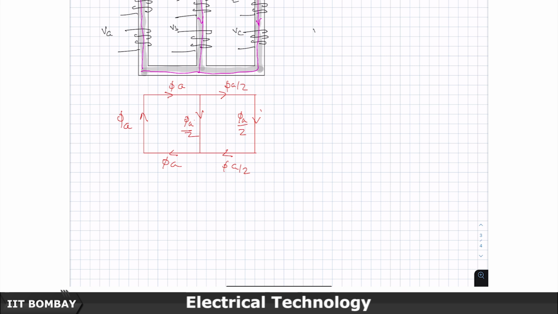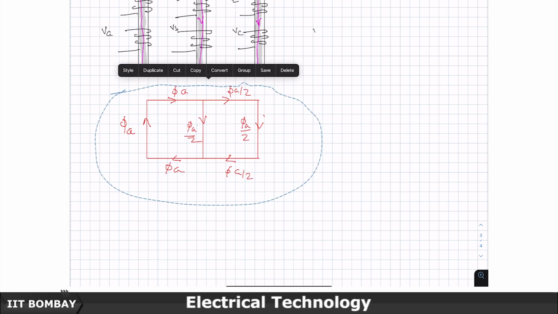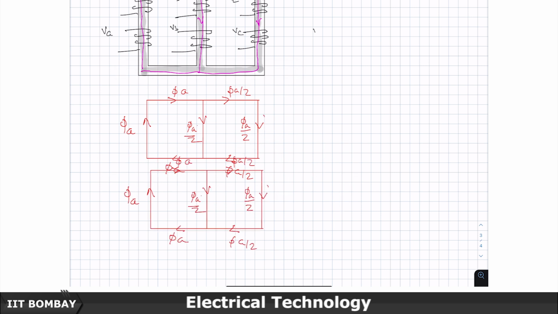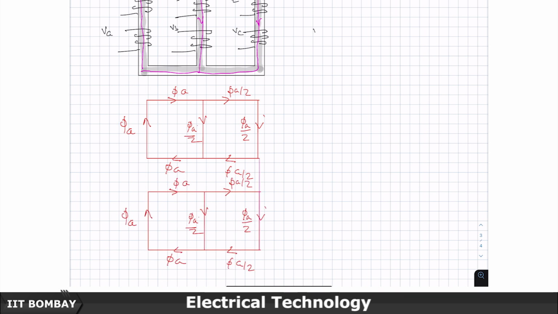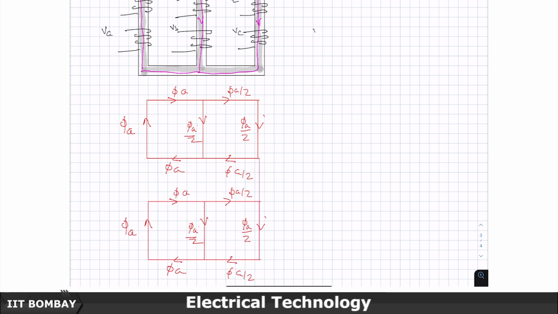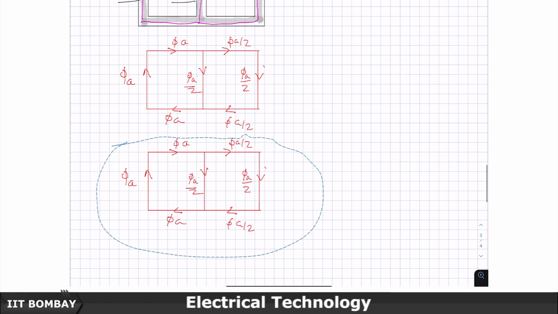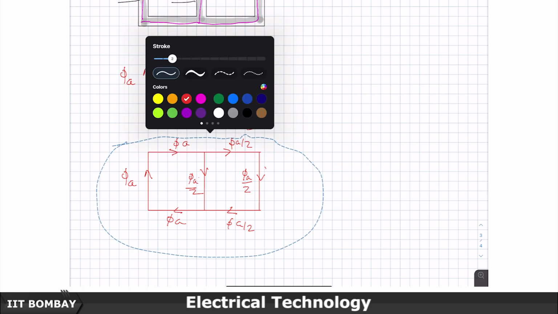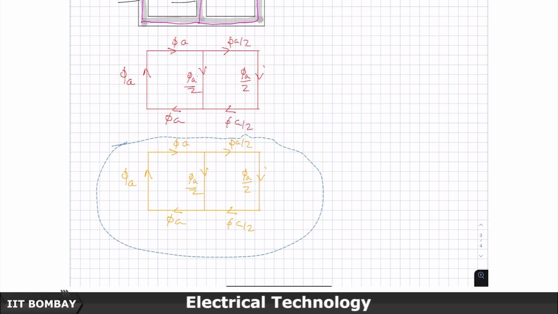Now, suppose you just excite the B phase with B phase flux values. Taking this as an equivalent of y, the y r y b.